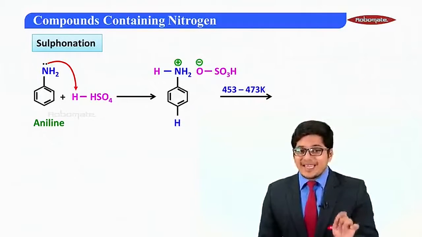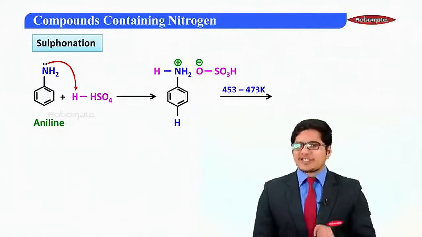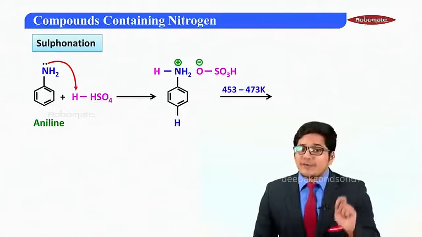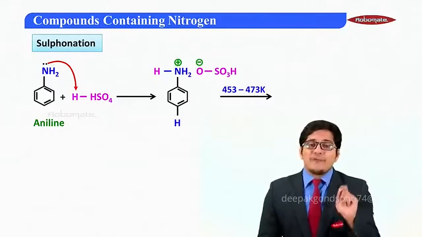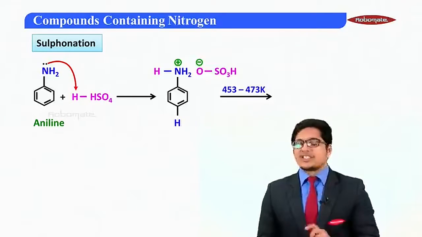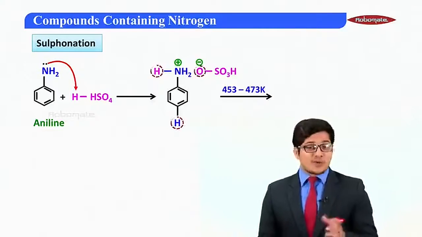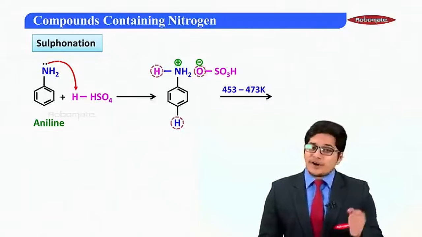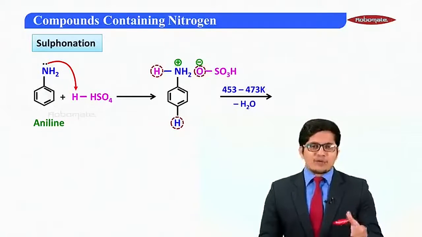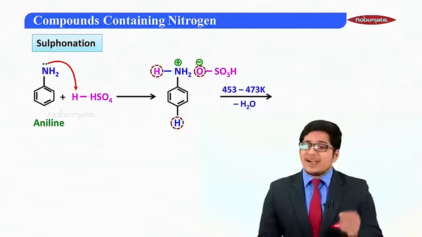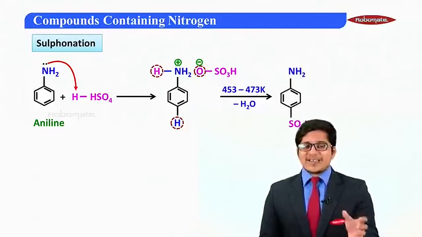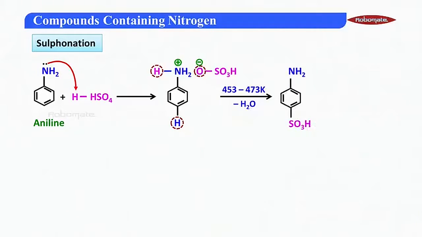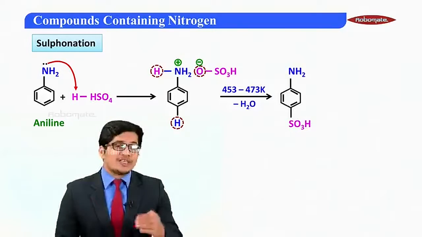From NH3 positive, one hydrogen is lost, and from HSO4, one oxygen is lost. Because of this, we get a molecule of water. Now what we are remaining with is a compound, that is a benzene ring, with NH2 on the main location and SO3H on its para location.